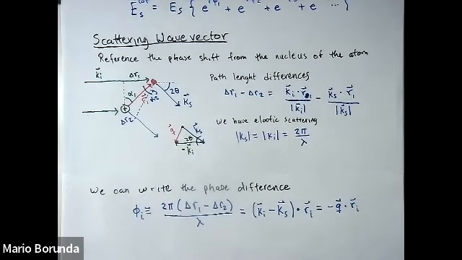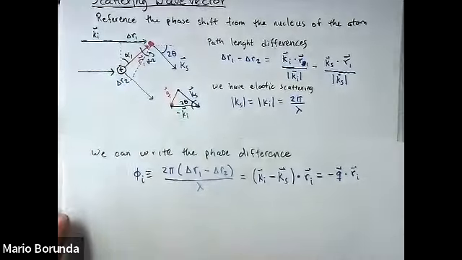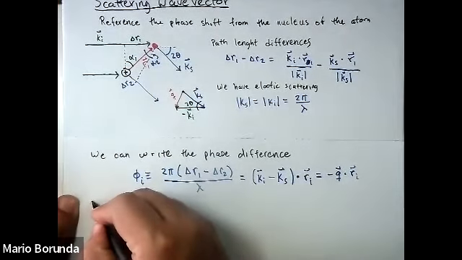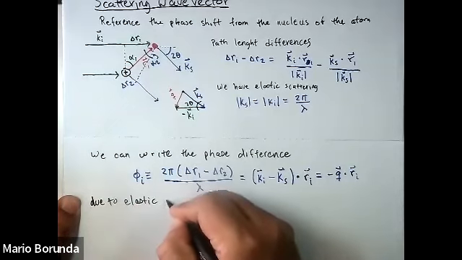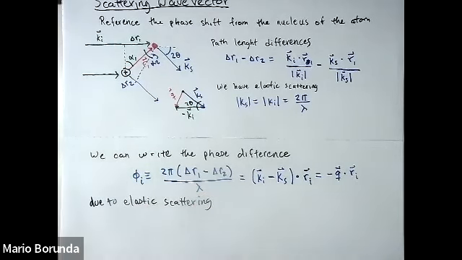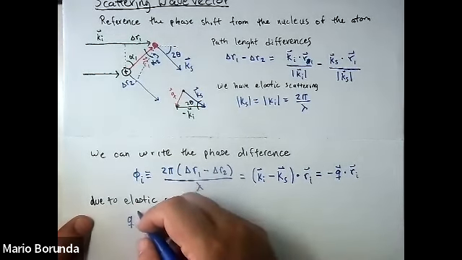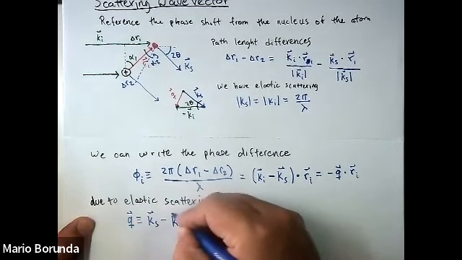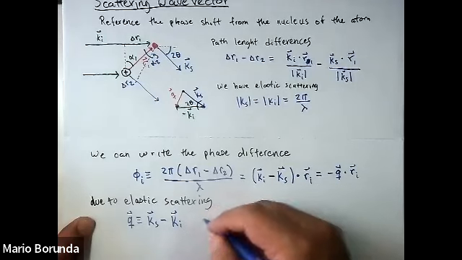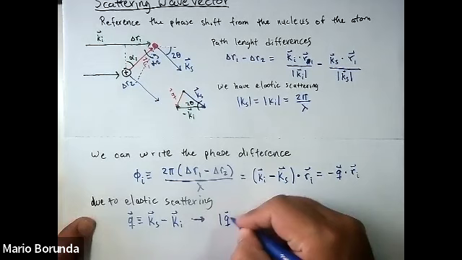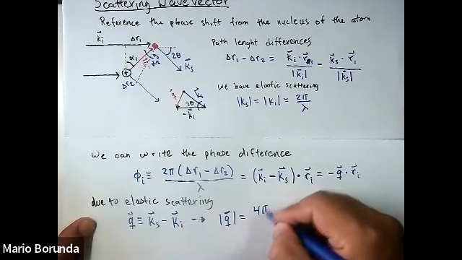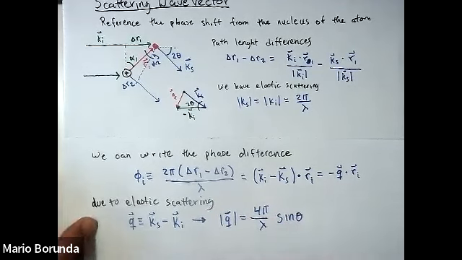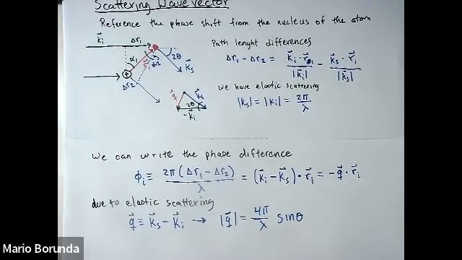And because we have elastic scattering, what we have is that this scattering wave vector is given by 4 pi over lambda sine of theta, where the scattering angle is 2 theta, and this would be half of that 2 theta.